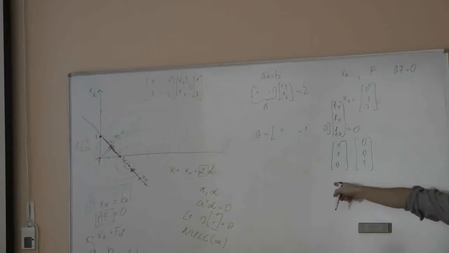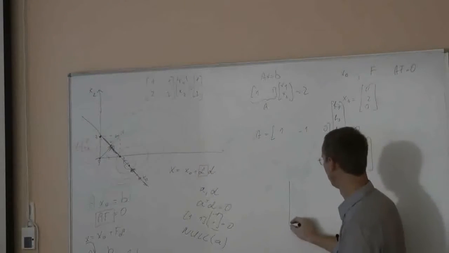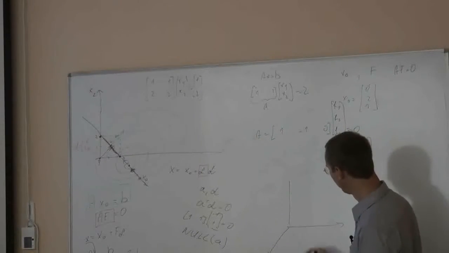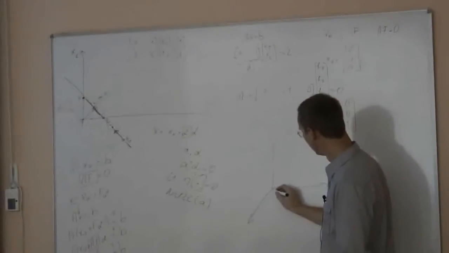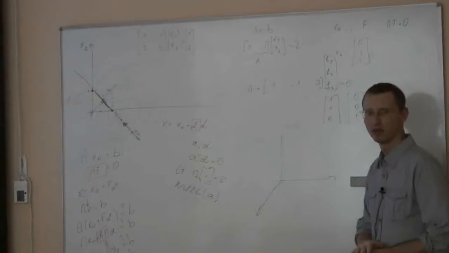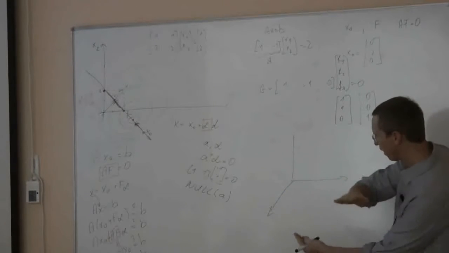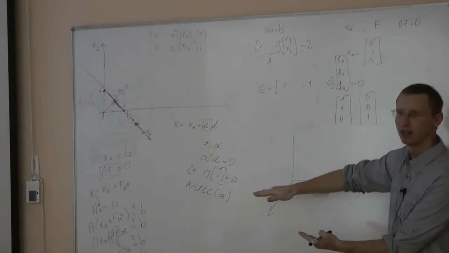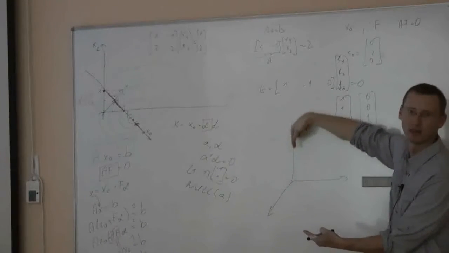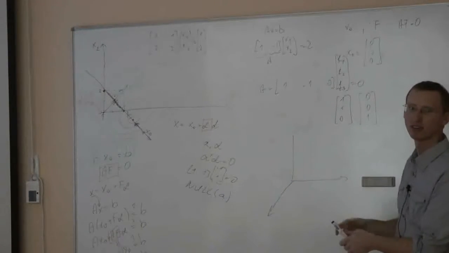This one was not able to parameterize x3. Imagine that you are in 3-dimensional space, and if we have two constraints, then it would be this plane. There is only one vector which is perpendicular to both. It's this one.